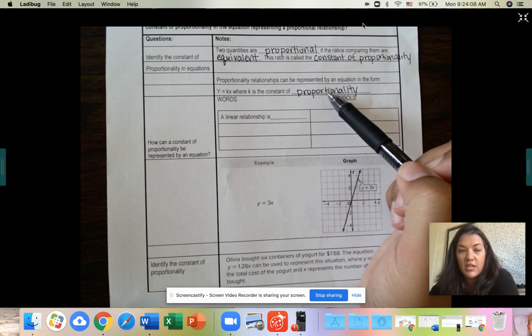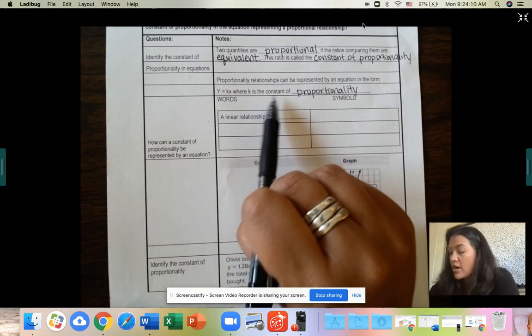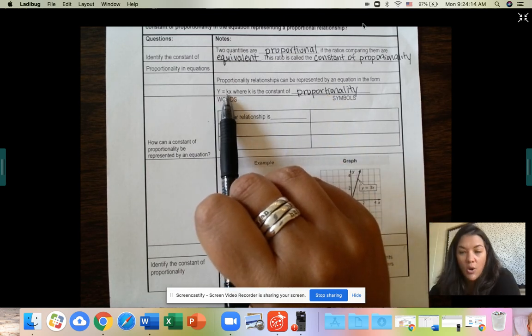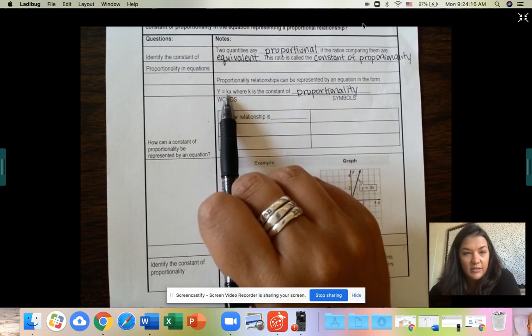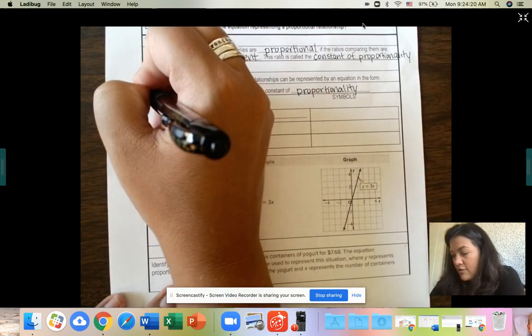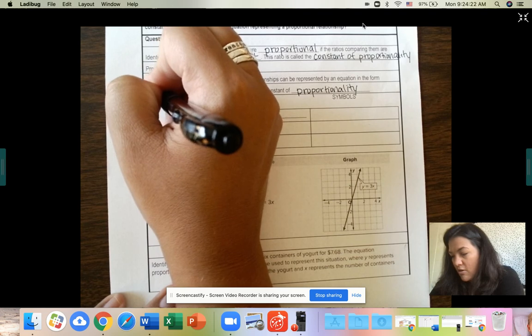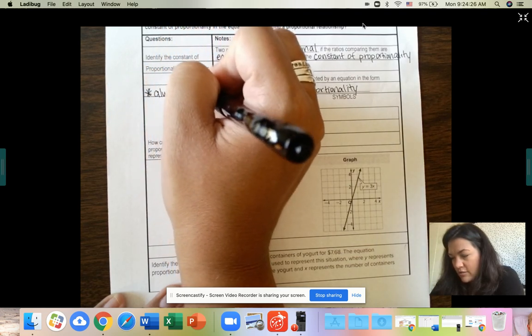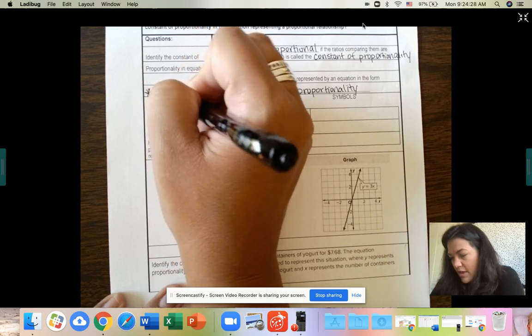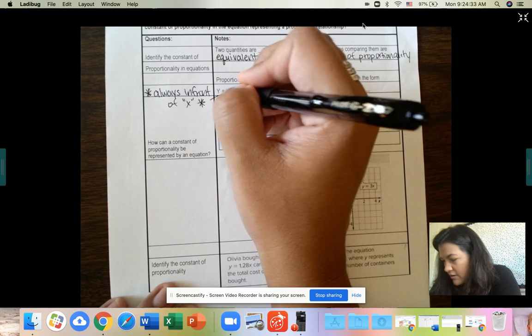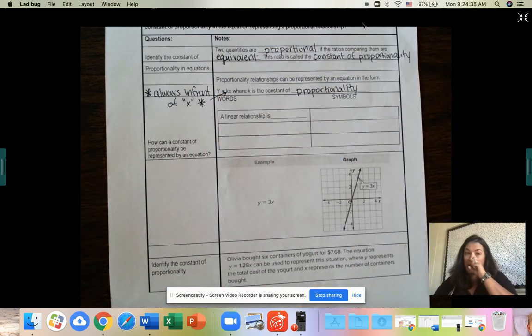That is something that you guys have been talking about. And where do you find the constant of proportionality? It is k, which is always in front of the x. I'm going to make a little star over here. It's always in front of x, and you can draw a little arrow over there to your k. That's going to be your constant of proportionality.